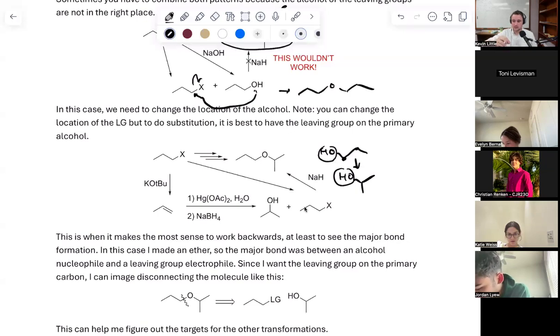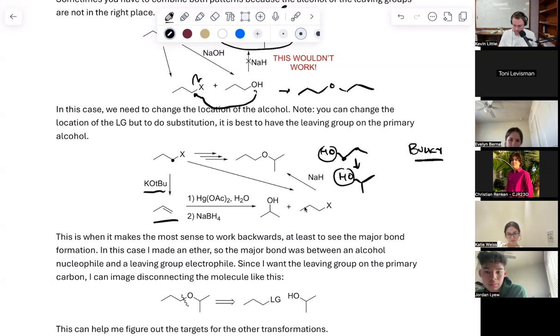So this is the first idea with our new idea. Here in this example, I've eliminated that leaving group using a bulky base because it's a primary leaving group to get me this. So if we remember, when do we use bulky bases?